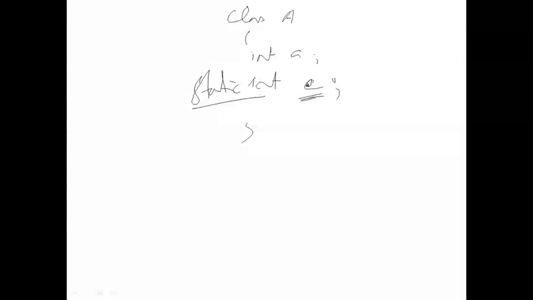It has a few properties which are not similar to a normal variable. A static variable has some special characteristics. So what are the characteristics? It is initialized to 0 when the first object of its class is created. No other initialization is permitted. What does it mean?